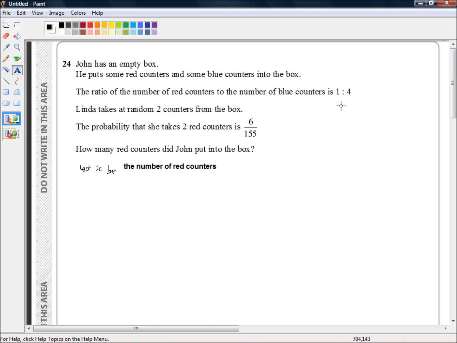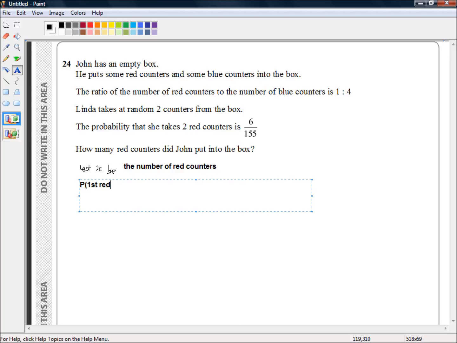So the probability of getting a red counter, in fact I'm going to type that as well. The probability of the first red counter to be pulled out is equal to, well, we know that the ratio of the number of red counters to the number of blue counters is 1:4. So there's one red counter for every 5 counters.